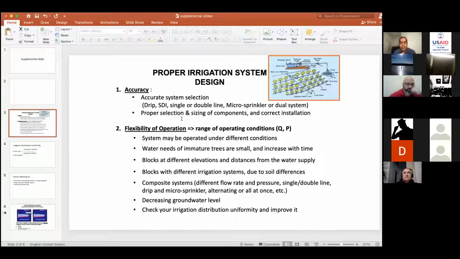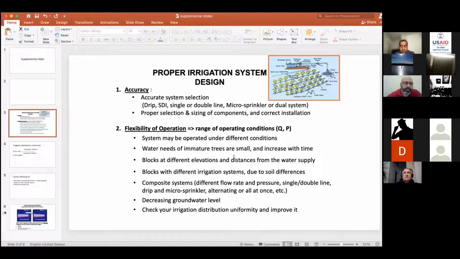Okay, so your irrigation system design company will tell you all about these things. Then your system has to be flexible for the range of operating conditions, for the pressure and the output, both components. Because the system may be operated under different conditions throughout the year.